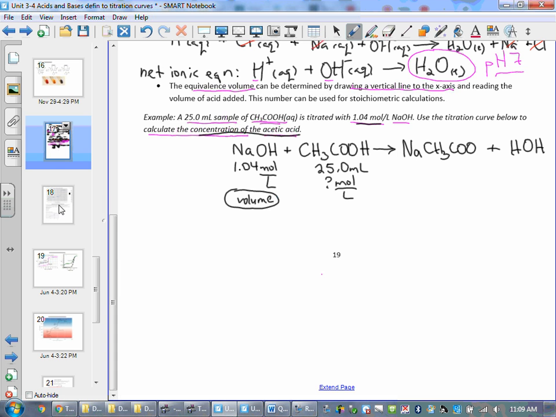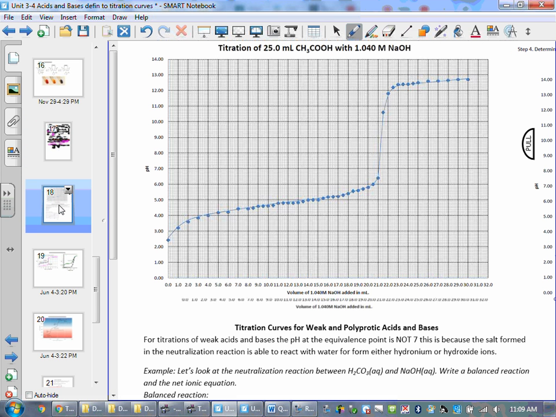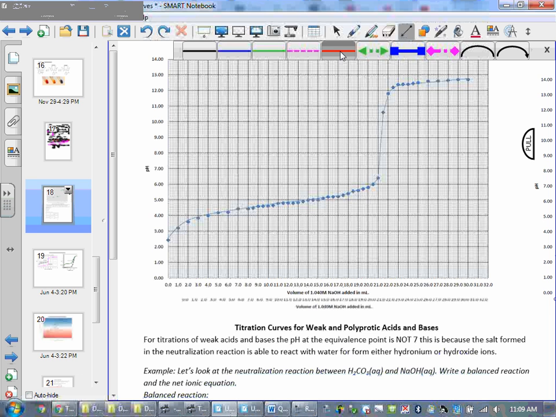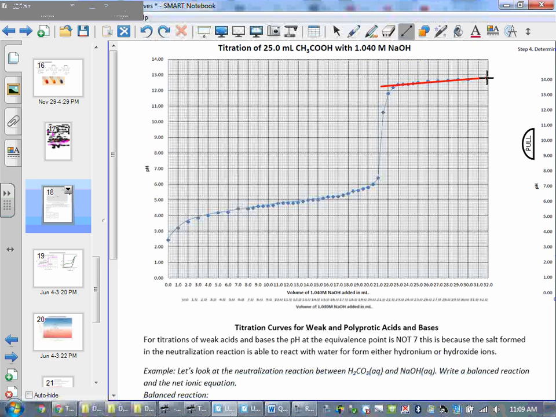There are some steps to help us find what we want, which is the halfway point of this line here. Step number 1: it's usually pretty helpful to have a ruler, but we're going to draw a nice straight line across the plateau. See how these two flat parts kind of make a plateau?